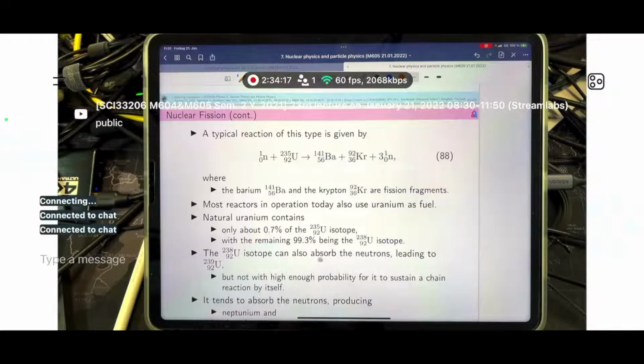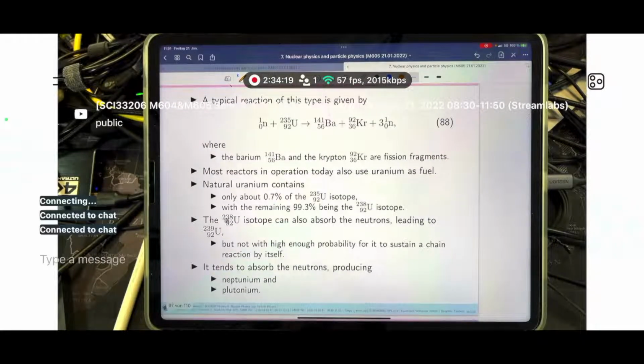The uranium-238 isotope can absorb neutrons, but it becomes the bigger isotope, uranium-239, with a bigger nucleus, and it doesn't have enough probability to sustain a chain reaction by itself.